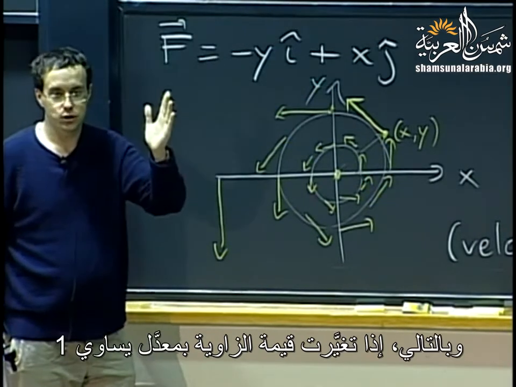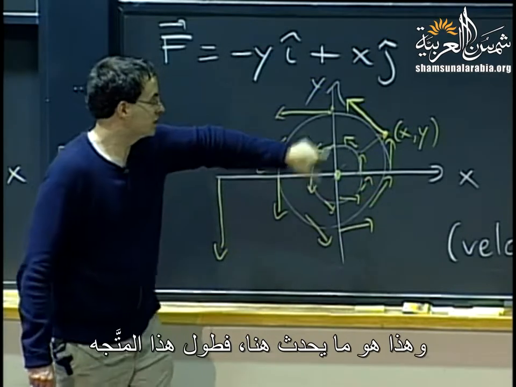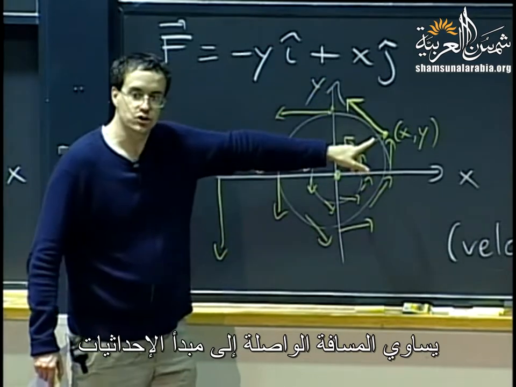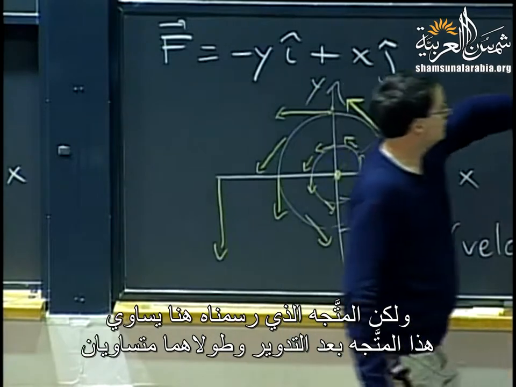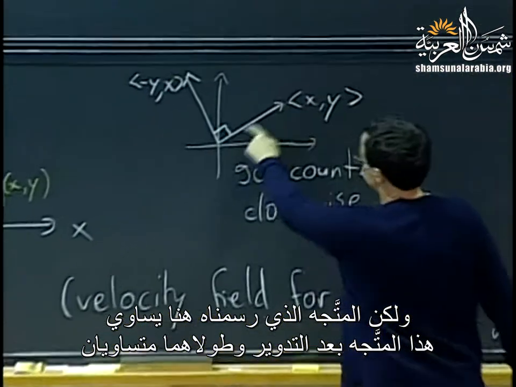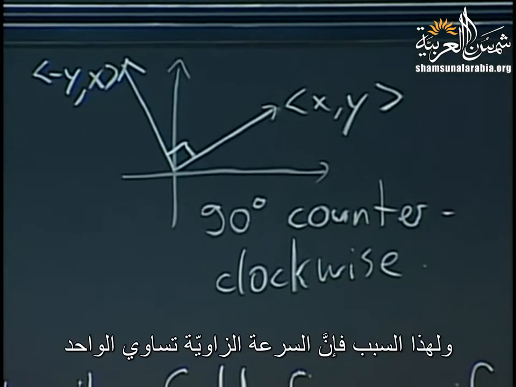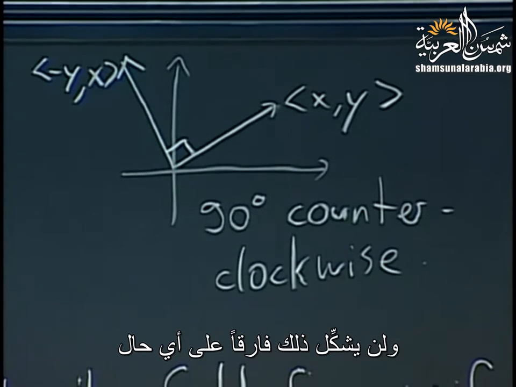So if the angle varies at rate 1, then I travel at speed equal to the radius, and that's what I do here. The length of this vector is equal to the distance from the origin. I mean, it's not obvious on the picture, but really the vector that I put here is the same as this vector rotated, so it has the same length. So that's why the angular velocity is 1. It doesn't really matter much anyway, but.